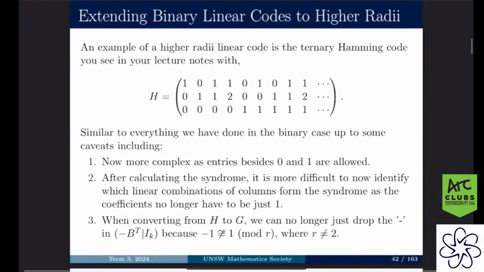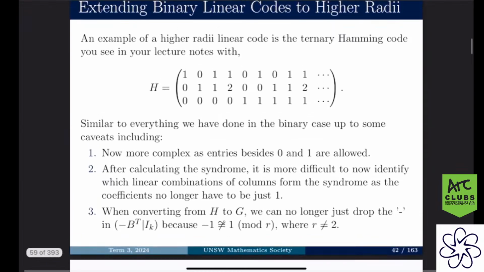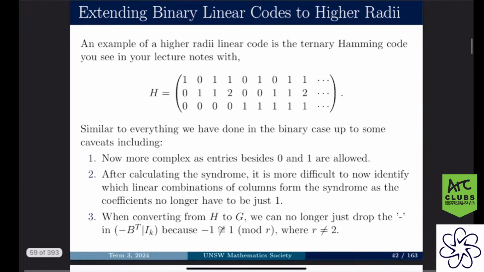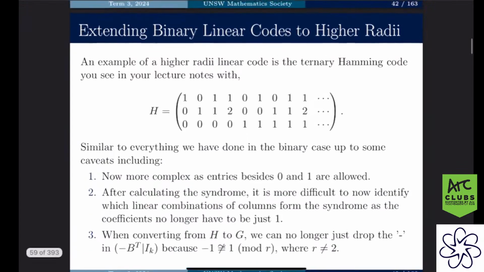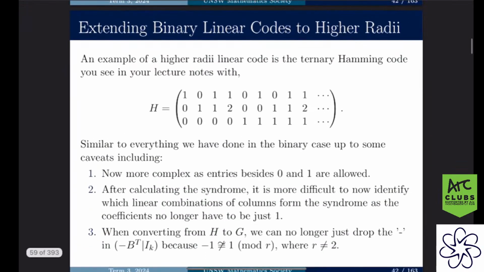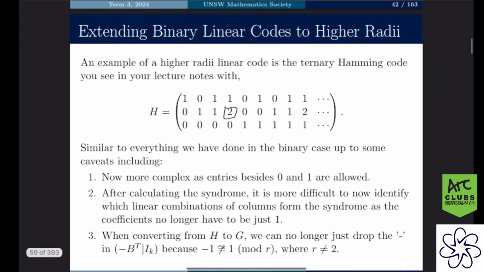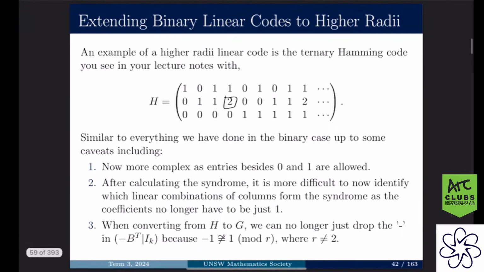And we can see here how we'd extend this type of code. Now we have more complex entries besides 0 and 1. So for a ternary code, you could have 2 as a valid value, or up to n minus 1 for radix n.